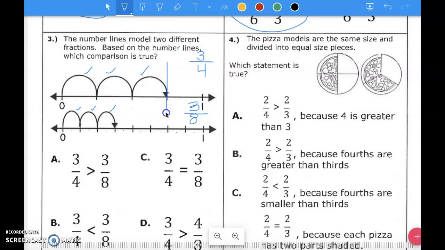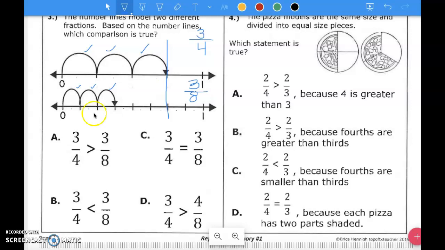If I draw a line, this one went further than this one. I can compare them because they start and finish exactly on the same spot. So this one is bigger, so the big opening goes this way. 3/4 is greater than 3/8.